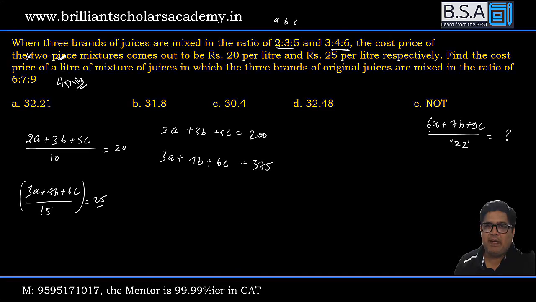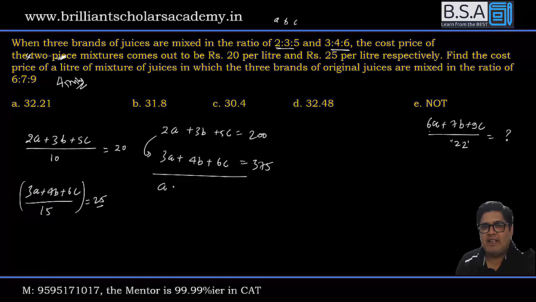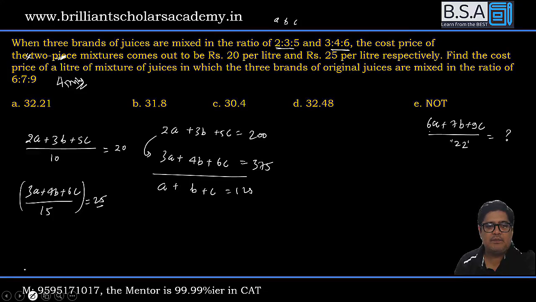It is not a very big deal. You can do this in 4 to 5 steps. See, if I subtract equation 1 from equation 2, what I will have is A plus B plus C is equal to 175.